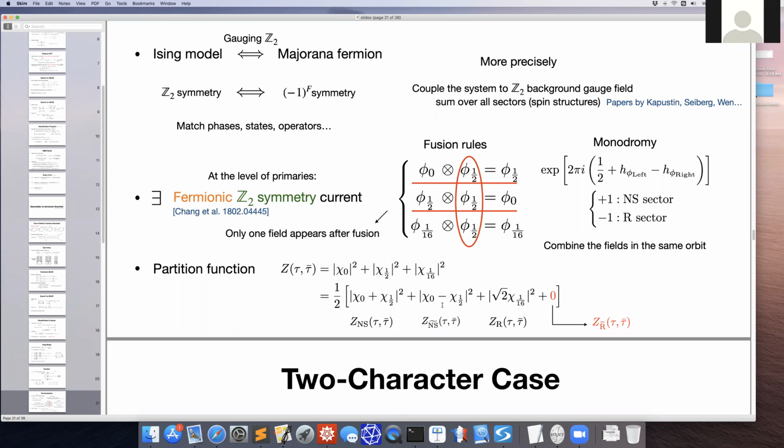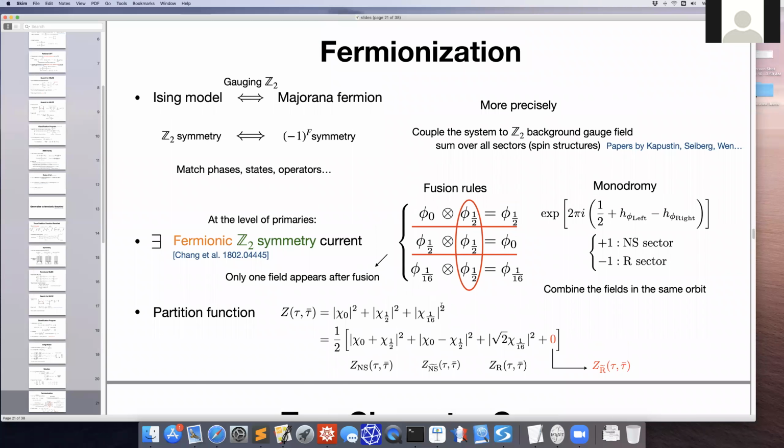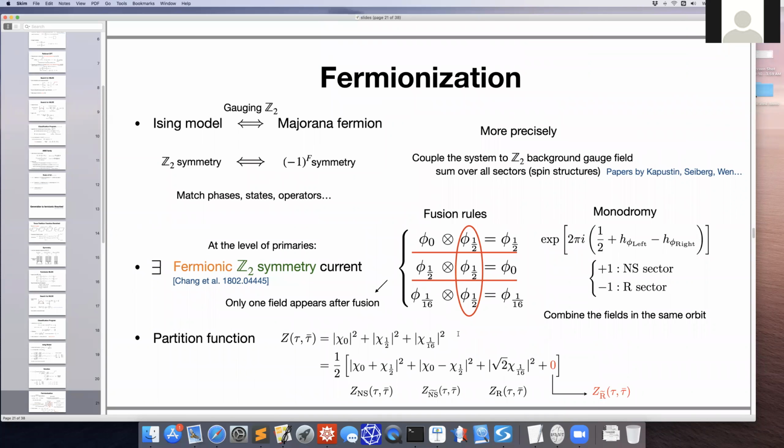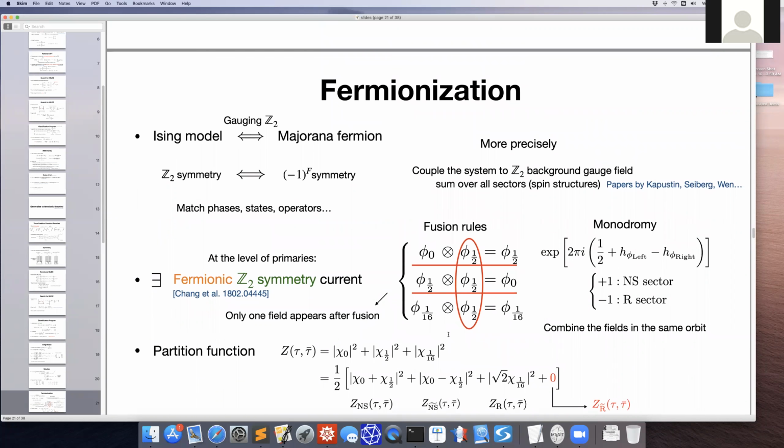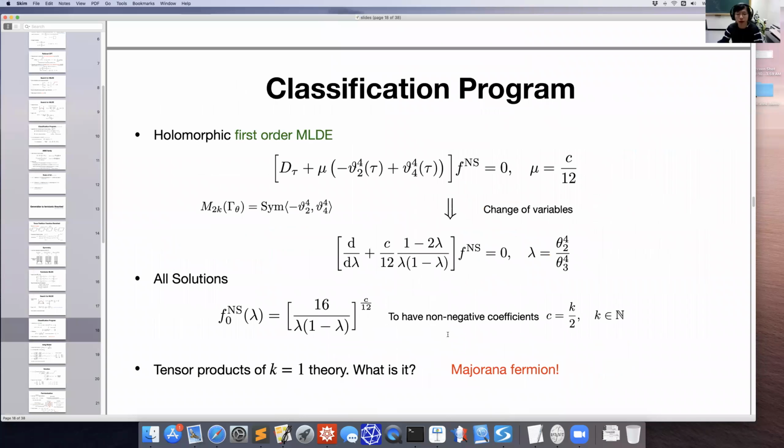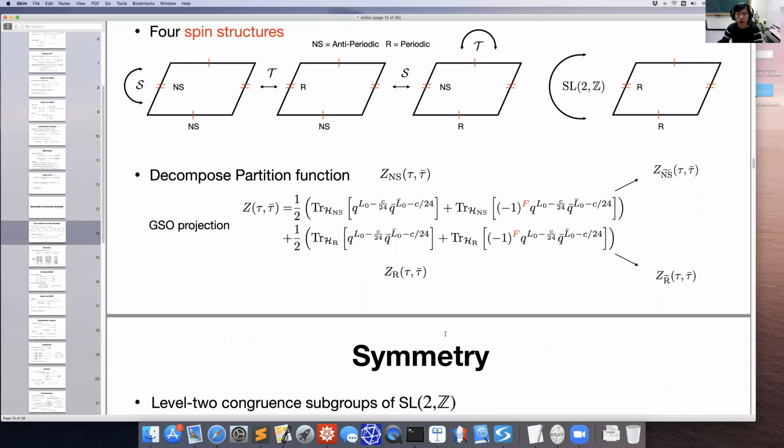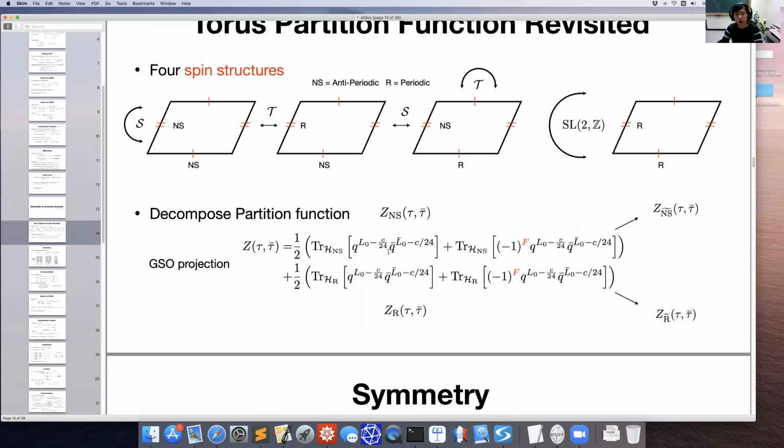As for the generic definition of the NS tilde sector, it's just what I wrote here. This is the NS sector, and this is the NS tilde sector, where you insert (-1)^F, so you change the periodicity along the time direction. I see, it becomes periodic in the time direction. Yes, this is space, this is time. Okay, thank you.